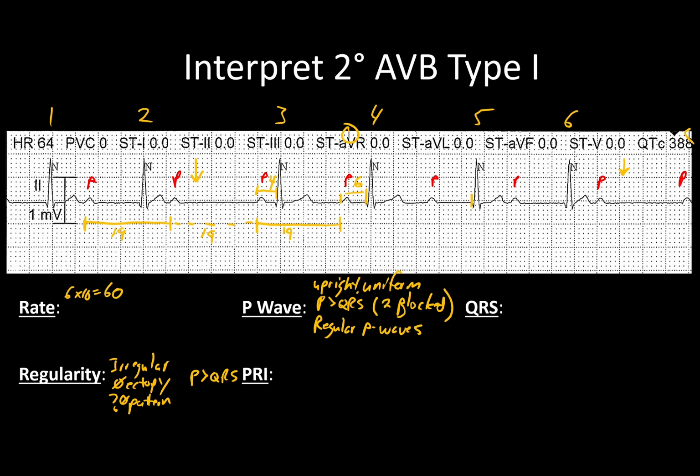I'll measure you here and you right about here. And that comes out to 5, 6, 7, 8, 9.5. Yeah, we'll call that one 10. And over here, this one across is going to be 12. And then this P wave has no QRS, and so this one is our drop.